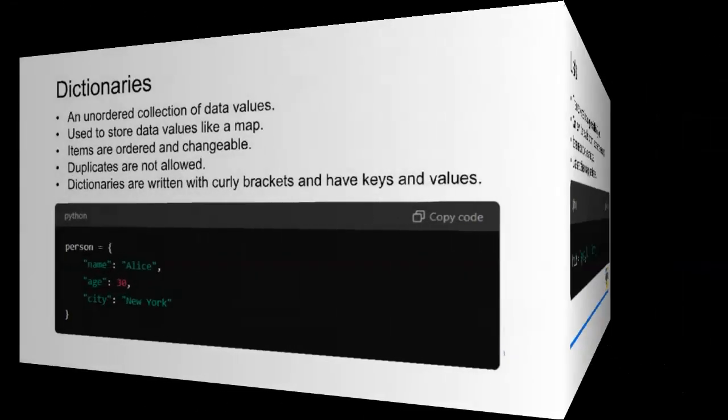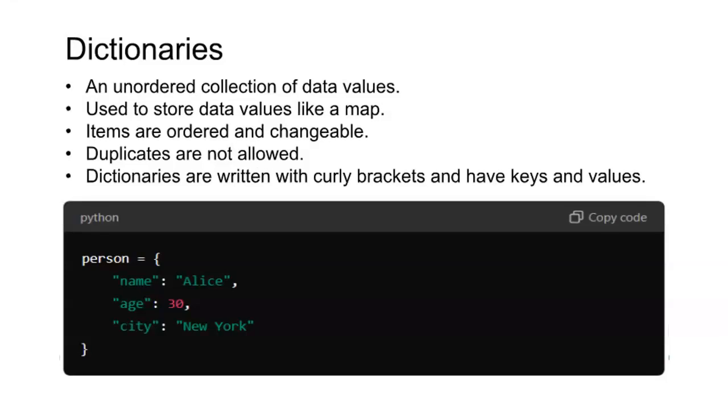Python dictionaries are powerful unordered collections that store data in key-value pairs, efficiently organizing and retrieving information. Dictionaries are defined using curly brackets. Dictionaries allow for rapid access to values based on their unique keys, which can be of various data types, including strings and numbers.